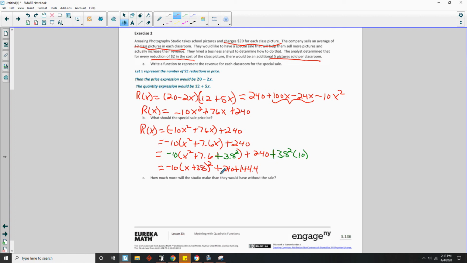So that would equal negative 10 x plus 3.8 squared plus 240 plus 144 is 384.4. So my vertex is 3.8, negative 3.8, comma.